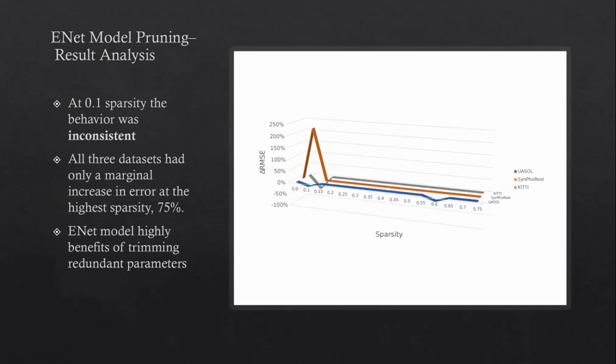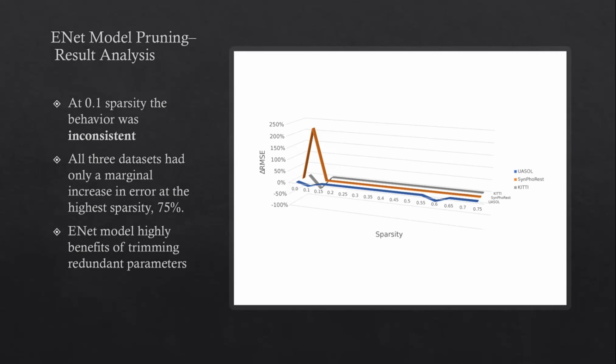For the ENet, what we found is that at 0.1 sparsity, the behavior is very inconsistent. USO and KITTI improved the results a little bit, while SimForest decreased significantly. The RMSE decreased by 225%. That could be just because the resulting perturbation is highly unstable and it removes actually necessary parameters in unforeseeable ways.